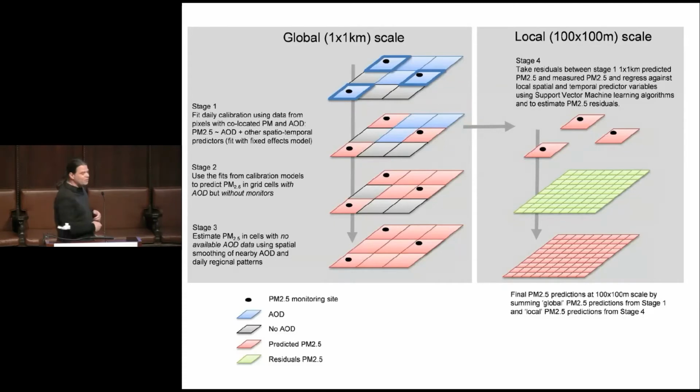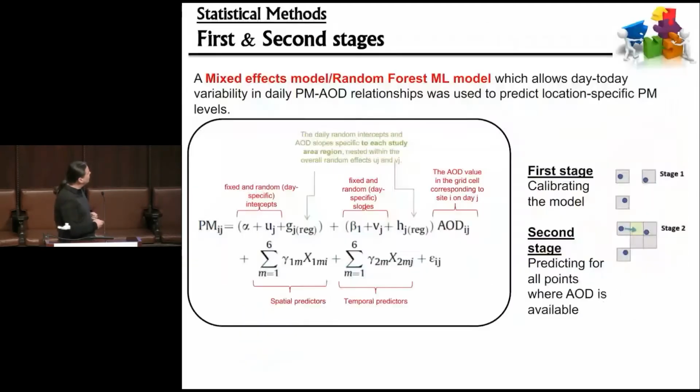Additionally, in recent years, we have a fourth stage, which we call the local PM stage, where we take the residuals of this long range PM data that we predicted, and we predict high resolution PM at a 100-meter resolution. I'll show that in a second.